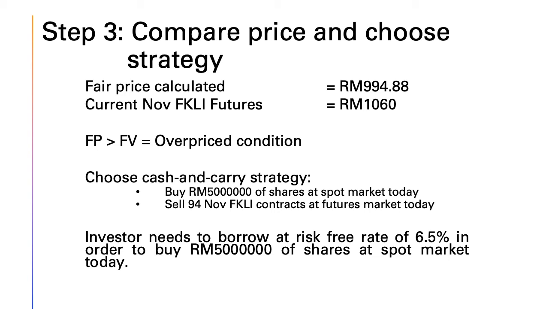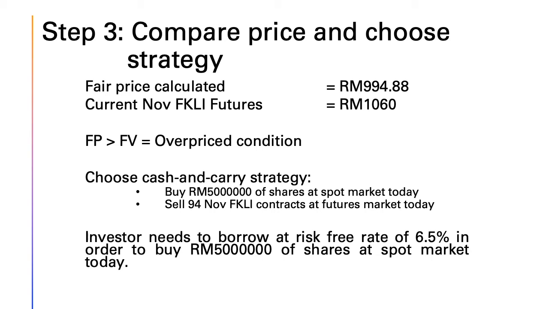Step number 3, you need to compare price and choose your strategy. So fair price calculated is at RM 994.88. Current November FKLI futures at RM 1060. So when you compare, futures price is higher than fair value. That means it is an overpriced condition. Overpriced condition, you need to choose cash and carry strategy.